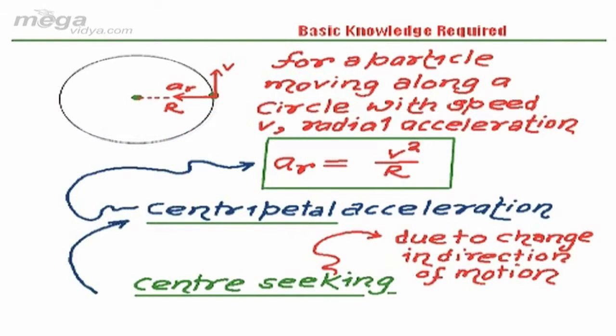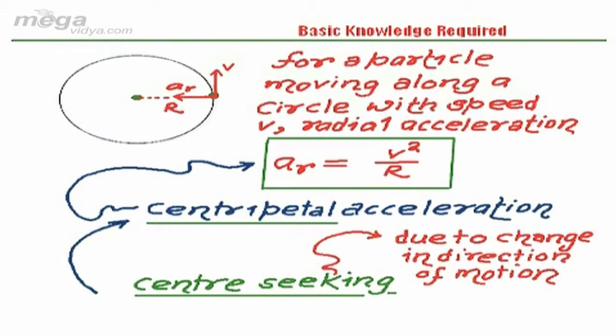For a particle moving along a circle with speed v, its radial acceleration a_r, which is directed towards the center, if the radius of the path is r and its tangential speed is v, can be written as v square upon r, which is known as centripetal acceleration.